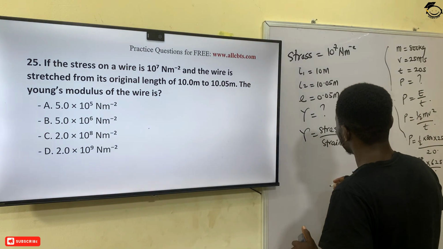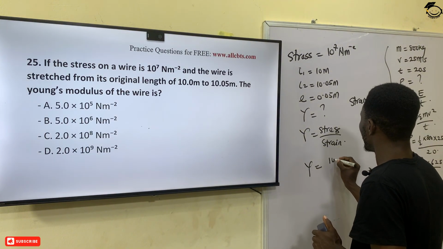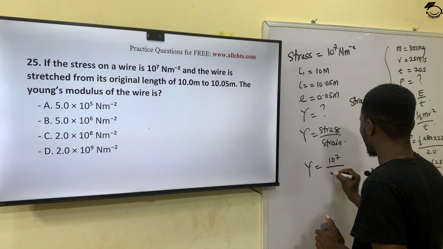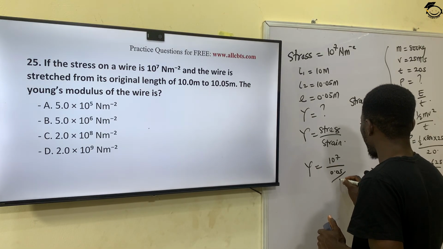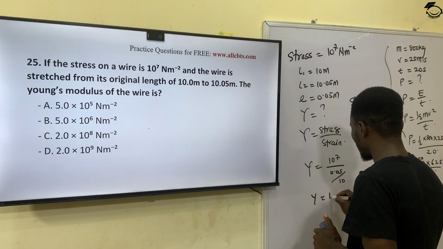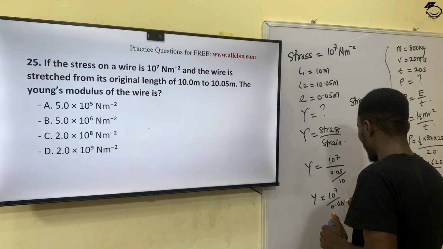So if I apply this here, it means that my Young modulus is going to give me 10 raised to power 7 divided by 0.05 over 10. So that will give me that my Young modulus is 10 raised to power 7 divided by 0.005.